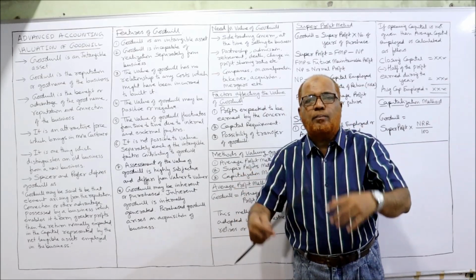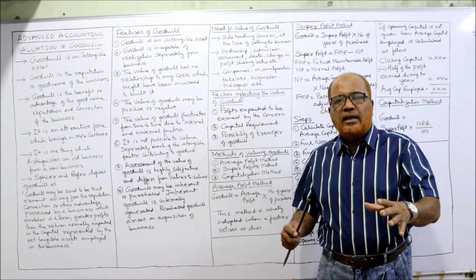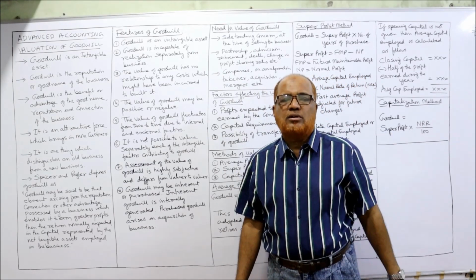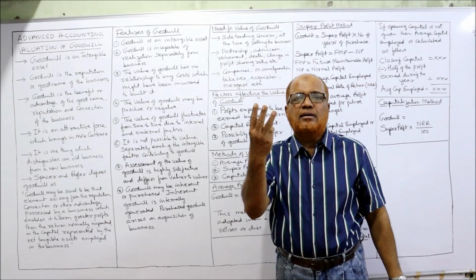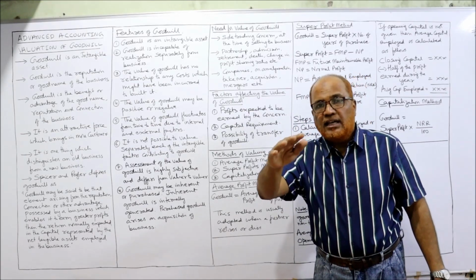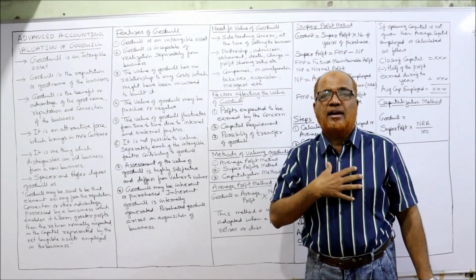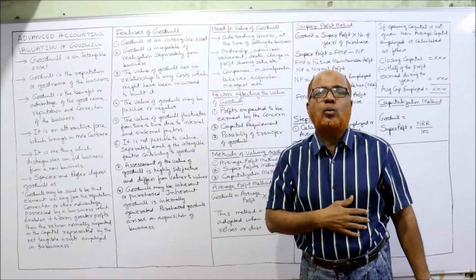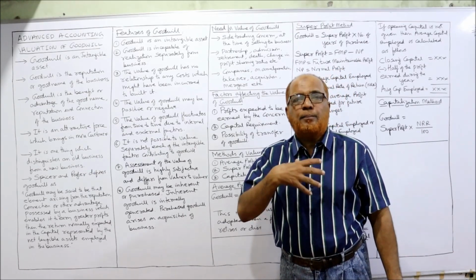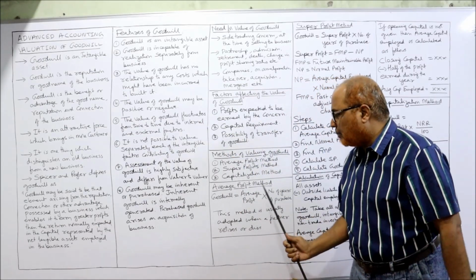For example, I am buying your business. So the value of goodwill is 3 years' average profit. So I calculate the average profit of the last 3 years. That will be multiplied by 3, expecting that in the next 3 years I will get more profit. I will get profit from the business goodwill. So the expected profit in future, that is called number of years.